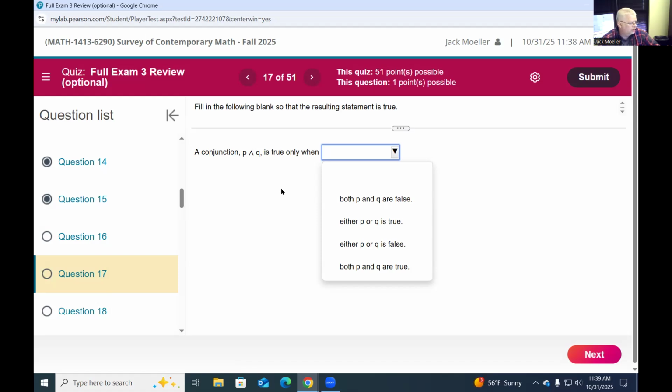You have to know the truth table for negation, you have to know the truth table for conjunctions with our ands, and then the truth table for disjunctions with our ors. If you have any doubt whatsoever that you're going to memorize those, put those on your paper. So when is an and statement true? Only when they're both true.